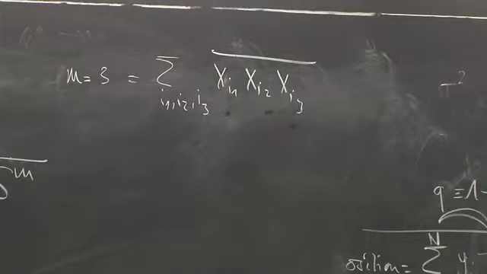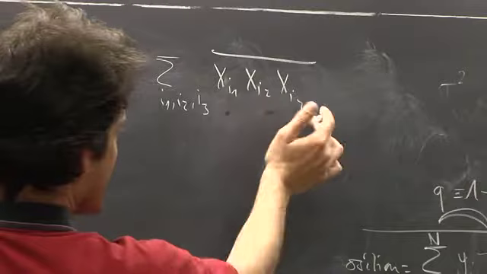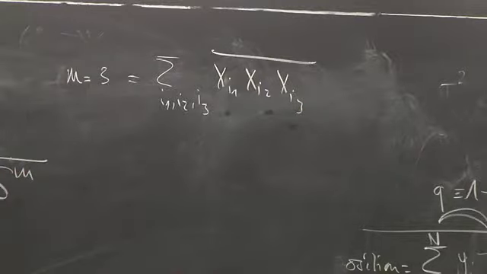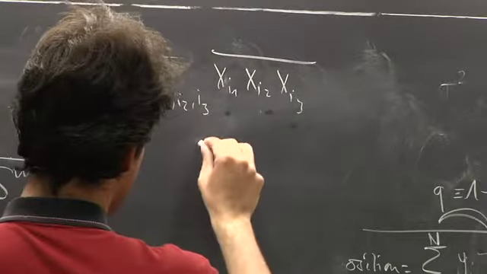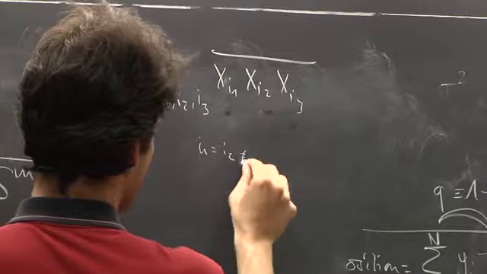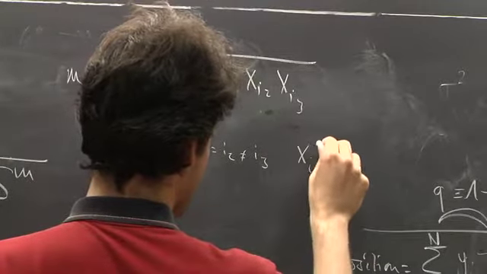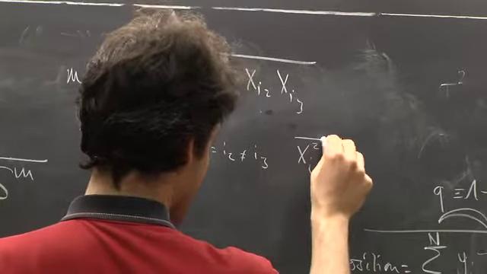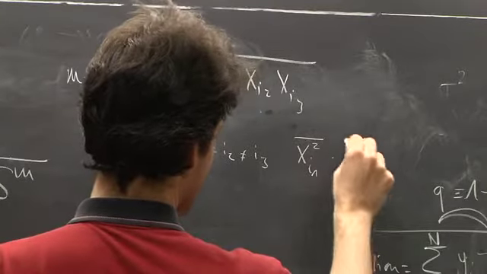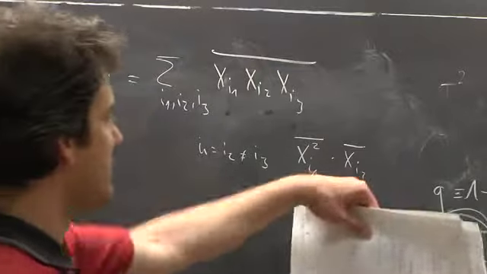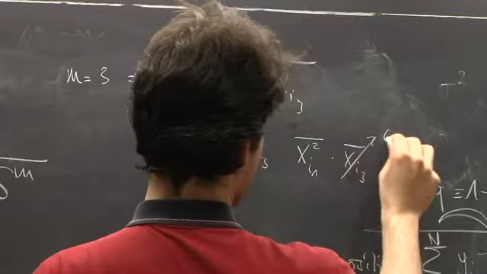So if two are the same and one is different, what do I get? When say I1 is equal to I2 but is not equal to I3, then this will give xi1 squared times xi3, but that's also 0 by assumption.